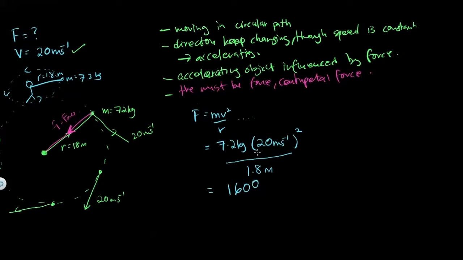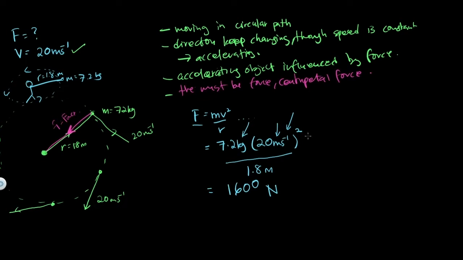What about the unit? Since it is force, you can put it as Newton, but make sure before you put Newton, mass must be in kilogram, length must be in meter, time must be in second. These three must be equivalent.